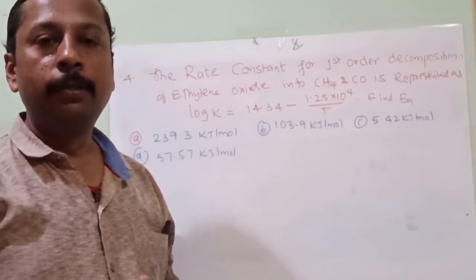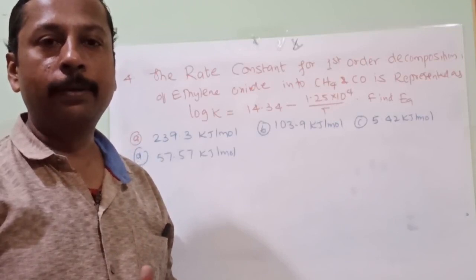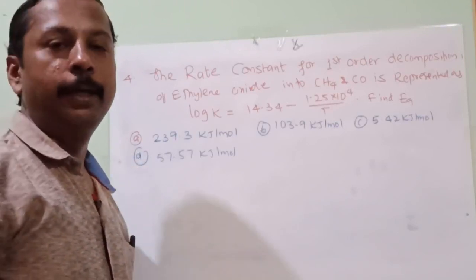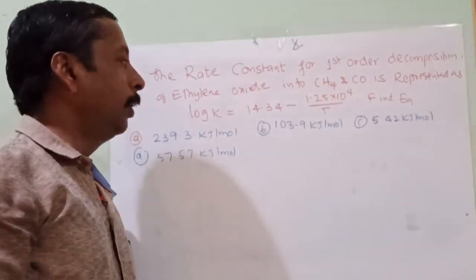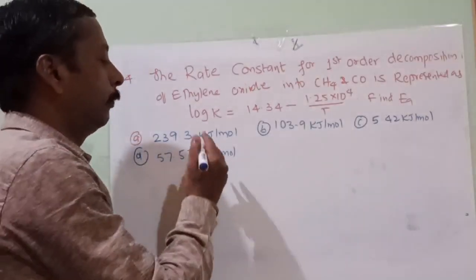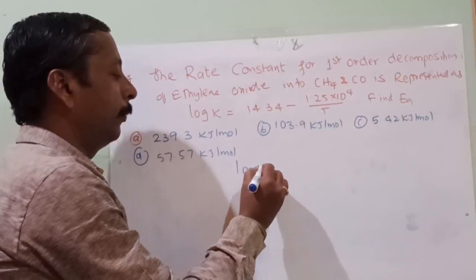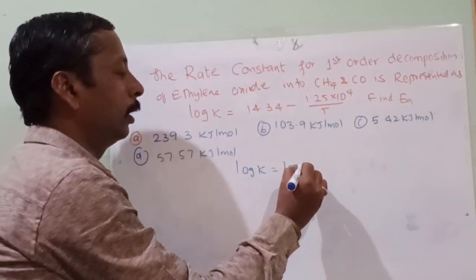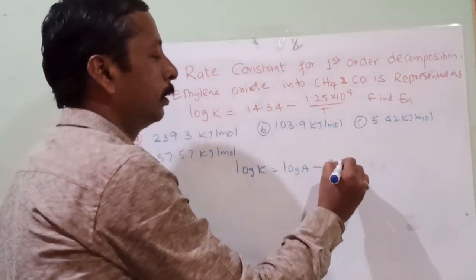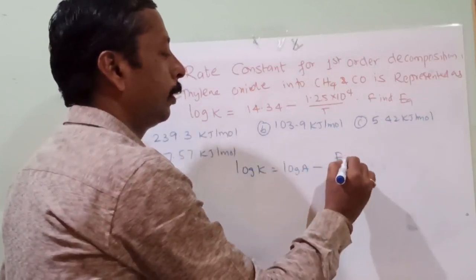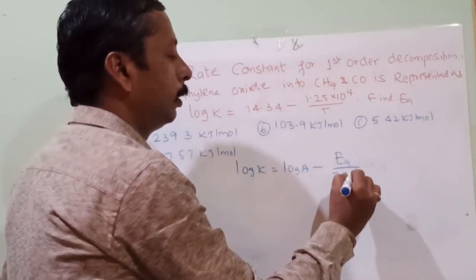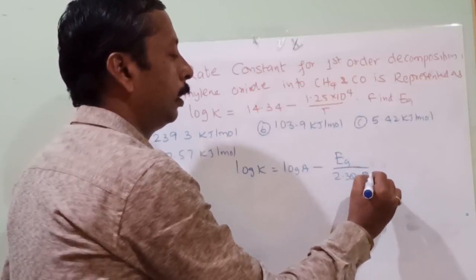Okay, now listen to my explanation. I think you got the correct answer. Now let me explain. The actual formula will be log K is equal to log A minus EA upon 2.303 RT.